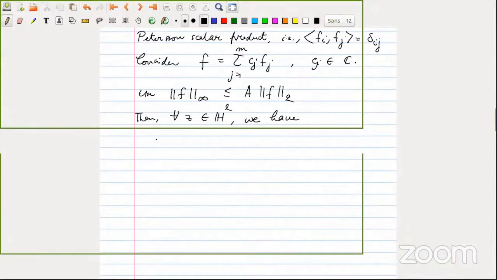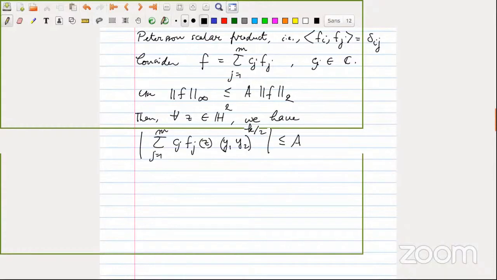Let's use this in the sum. We have the summation j equals 1 to m of c_j f_j(z) times (y1 y2)^(k/2), and then we have this bound.